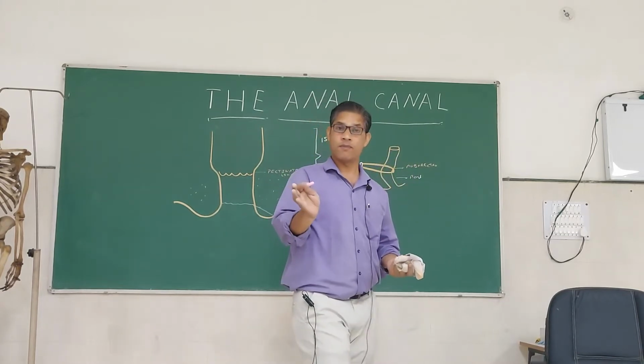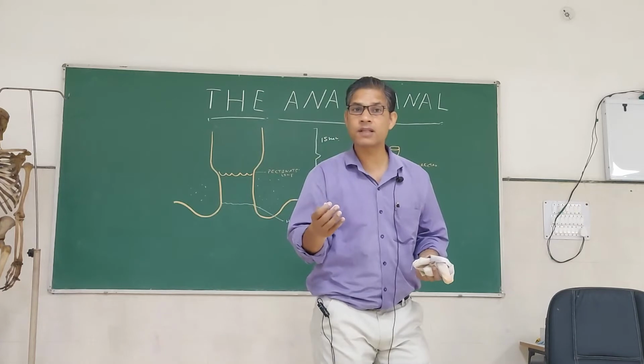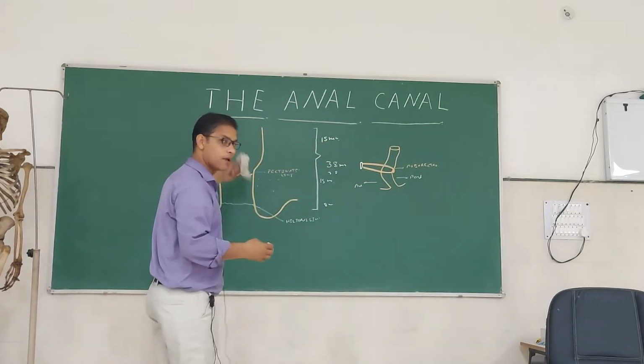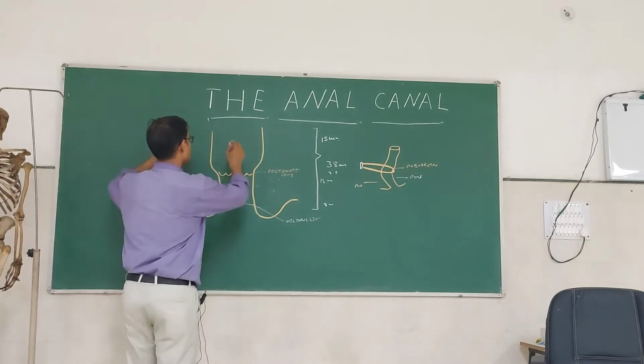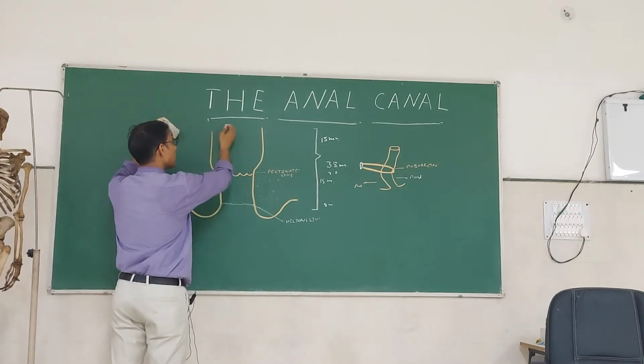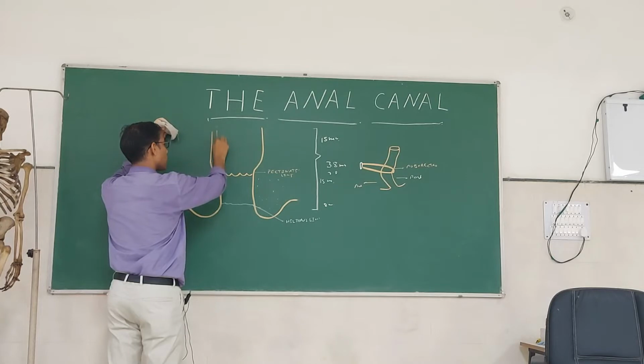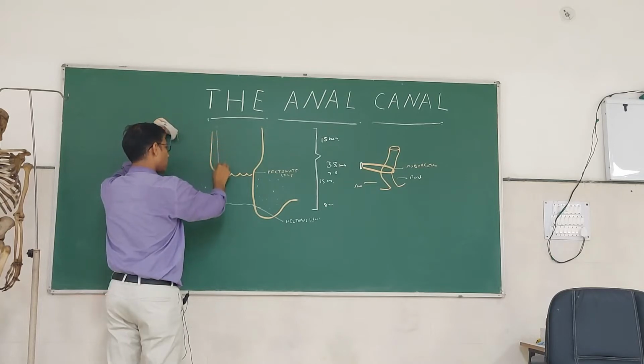The epithelium here is made up of columnar epithelium, but underneath the epithelium, there is a shadowing of the columns.